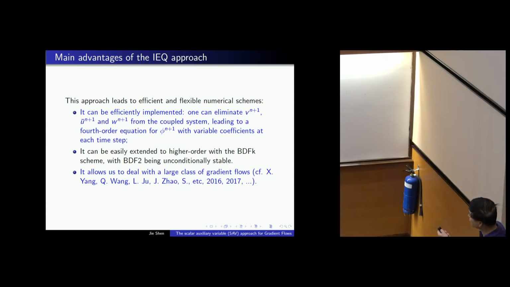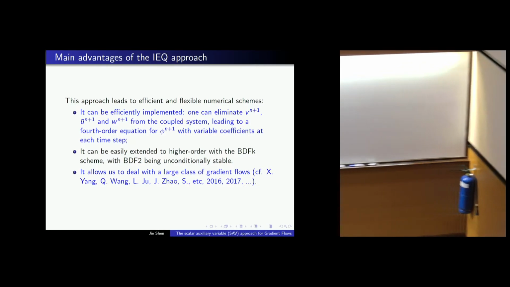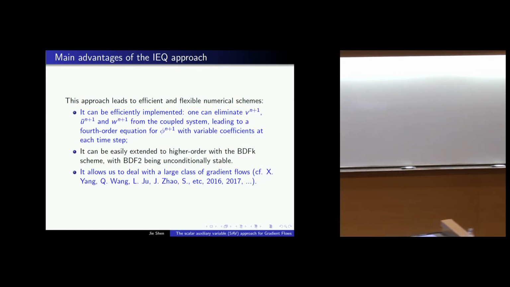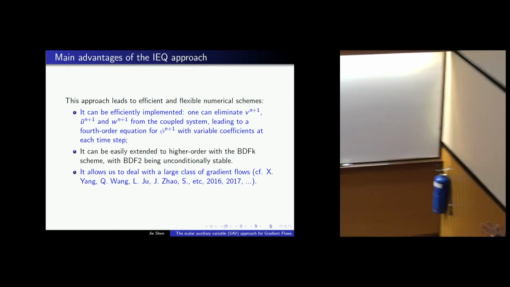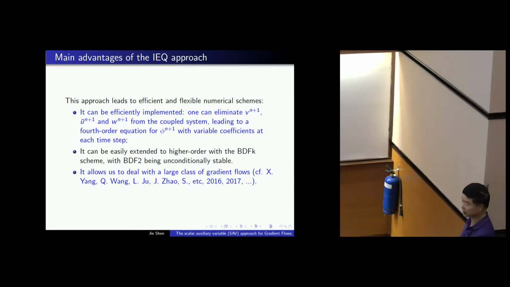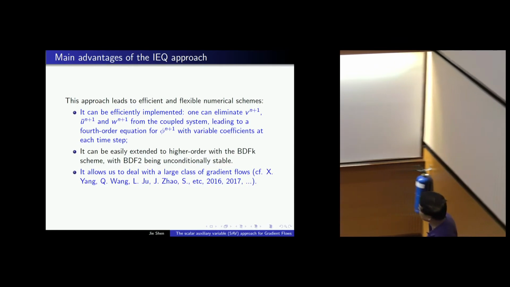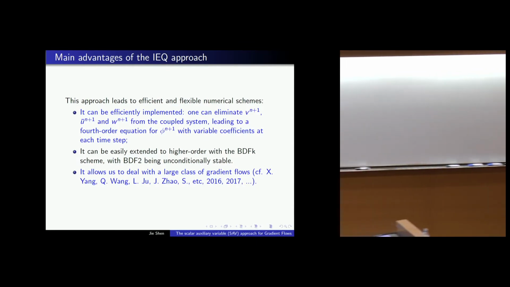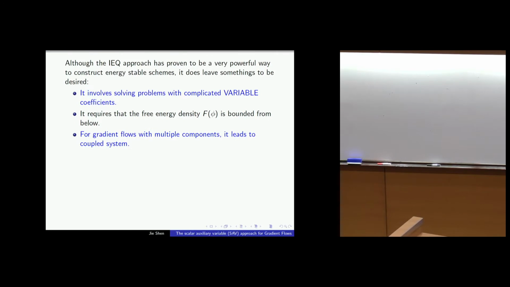So in the last 2 years, they were able to use this approach to deal with many gradient flows which were hard to design numerical schemes for. They were always able to come out with unconditionally second order energy stable schemes. So it's been very successful. Okay.